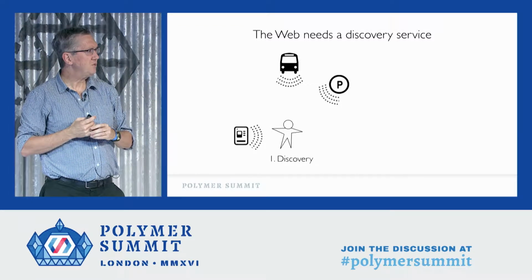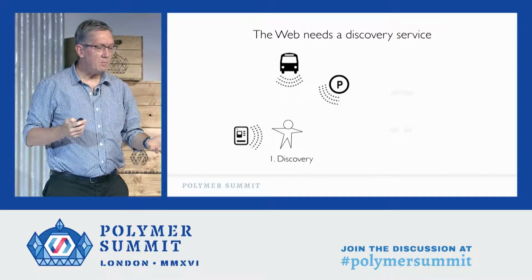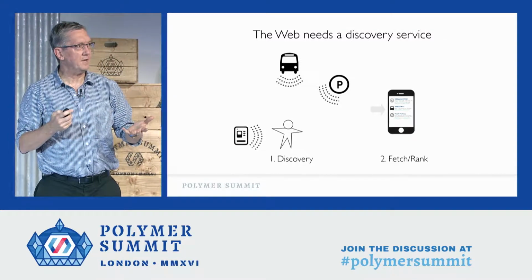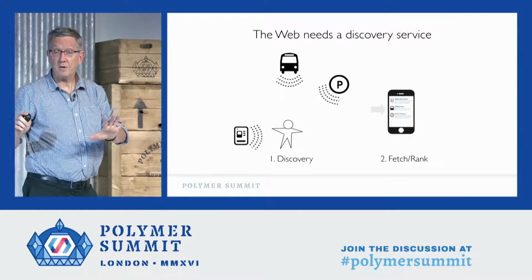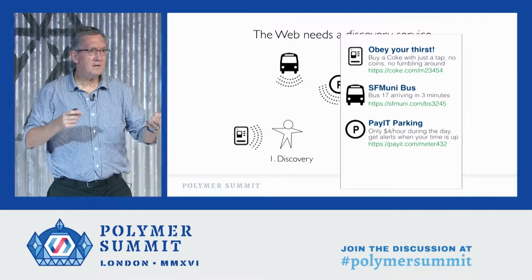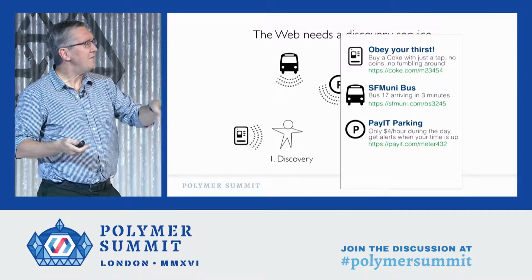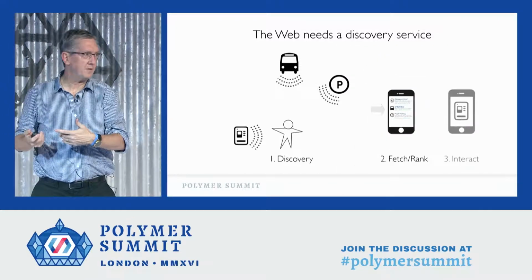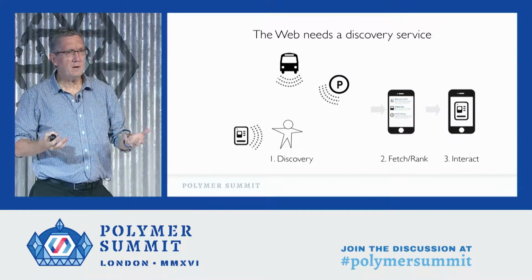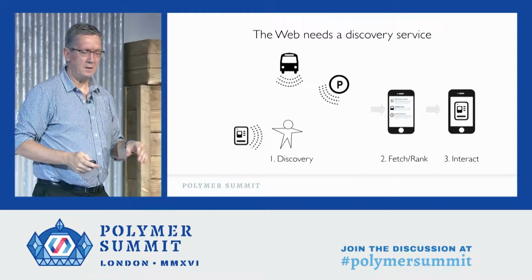Because you want things to wirelessly broadcast a URL and then be able to provide a list of things. The URL is a really good start. That's a good human-readable thing. But you'd also like to have a favicon and a title and maybe a snippet so that people could actually see what it is. And then if they tap on it, you just take them to the website. It's kind of like a QR code, but it's awesome. It's a big difference.